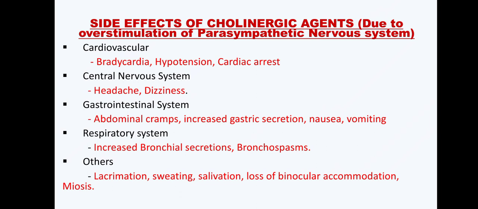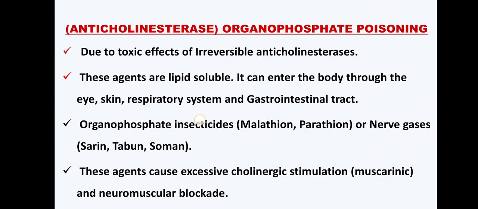In the gastrointestinal system, it produces abdominal cramps, increased gastric secretion, nausea and vomiting. In the respiratory system, it increases the bronchial secretions and bronchospasms. Other than these systems, it produces lacrimation, sweating, salivation, loss of binocular accommodation, and it causes miosis.